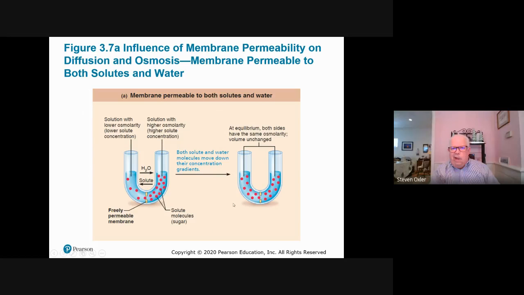The higher concentration gradient of solute will go into the cell through the freely permeable membrane, and you now have equilibration, known as homeostasis, equilibrium.